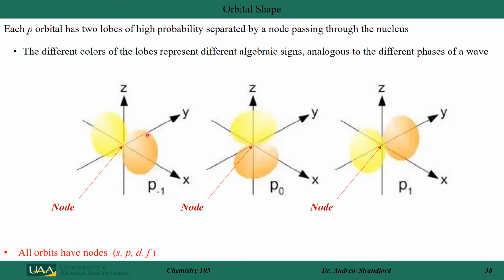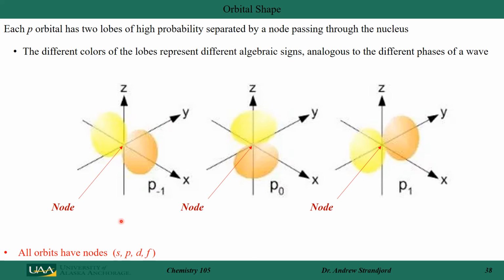So how can I have a probability of an electron either being on this side of the lobe or on this side? How can I go between those two lobes? Mathematically, it's impossible, but we represent these as a wave function, which allows us to pass through from one side to the other side.